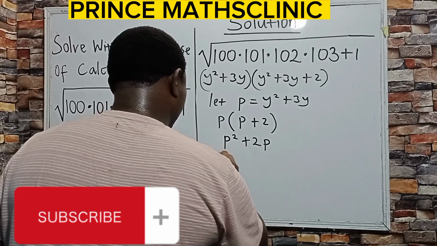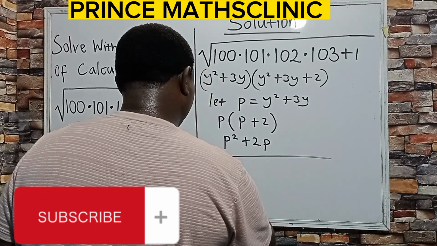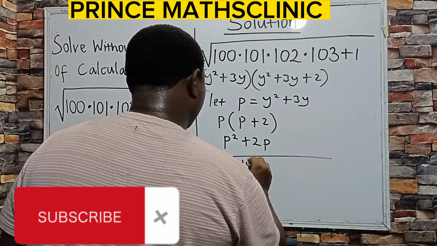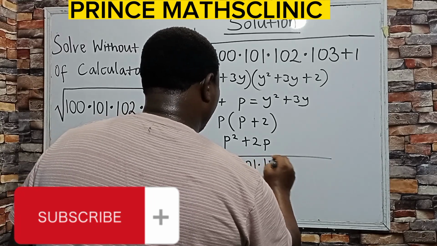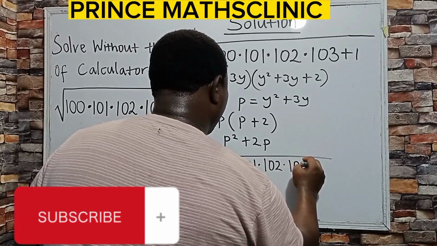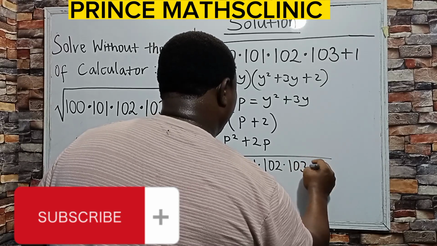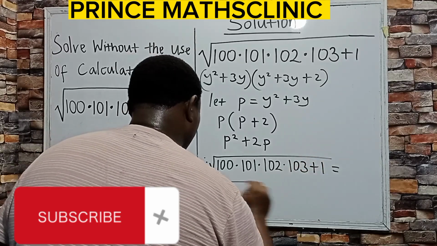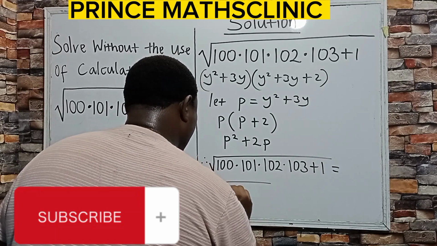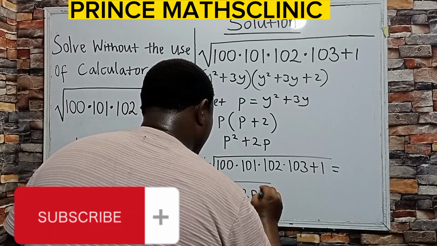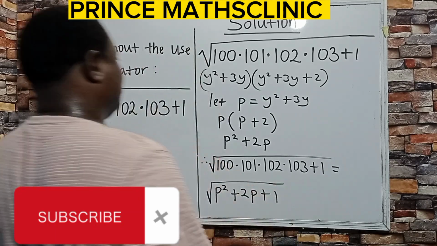Therefore, the square root of 100 times 101 times 102 times 103 plus 1 equals the square root of p squared plus 2p plus 1.